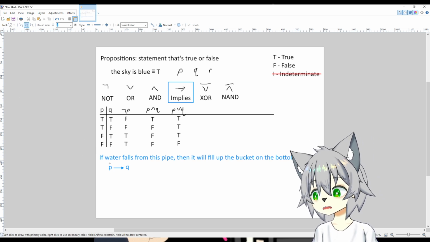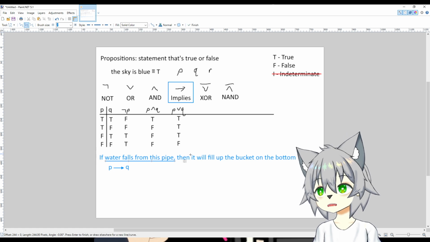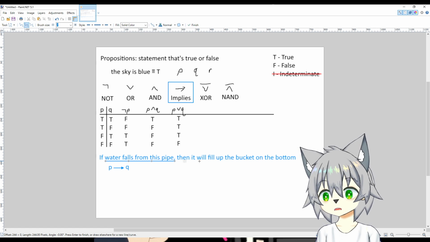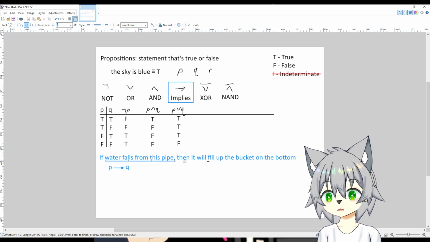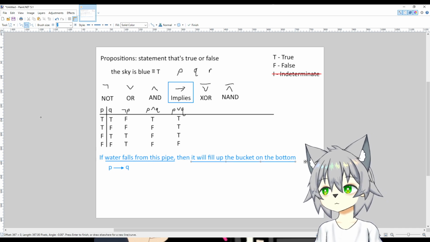And we can go ahead and outline the statements here. This is P. Water falls from this pipe. Then this is Q. P implies Q.